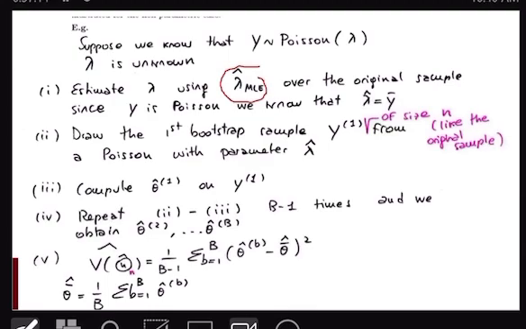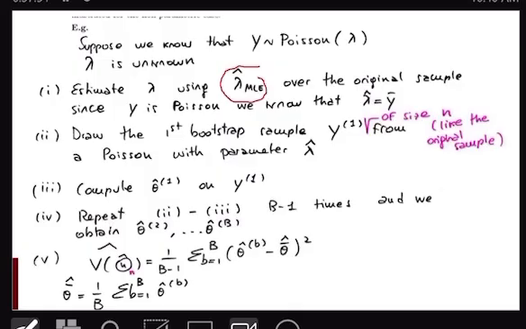So I'm going to have minus lambda n, plus summation x times ln lambda, minus ln of the factorial. Now, let me call this my likelihood, and I want to differentiate that.